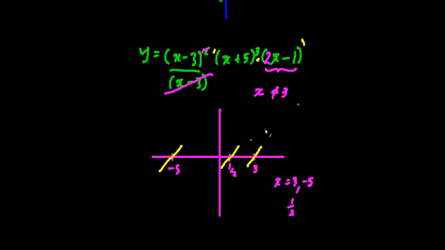In this region over here, I have 3 positives. It has to go through that point, so it's going to go like that. And then 2 positives and 1 negative, it's going to drop down below. And then in this region, I have 1 positive and 2 negatives, so I have a positive. And last but not least, this region is going to be 3 negatives.